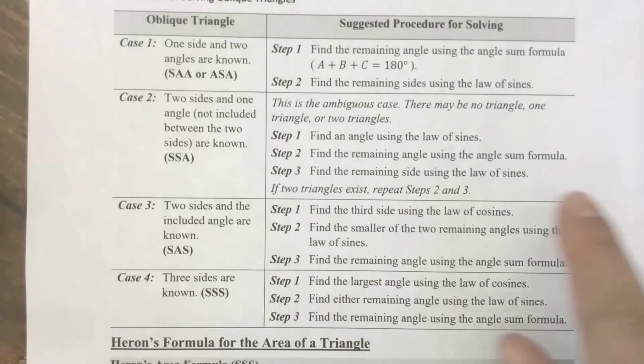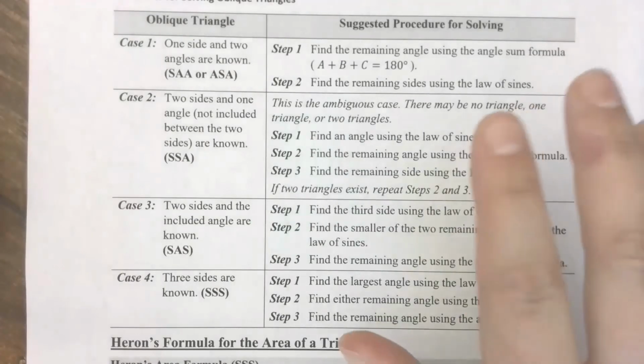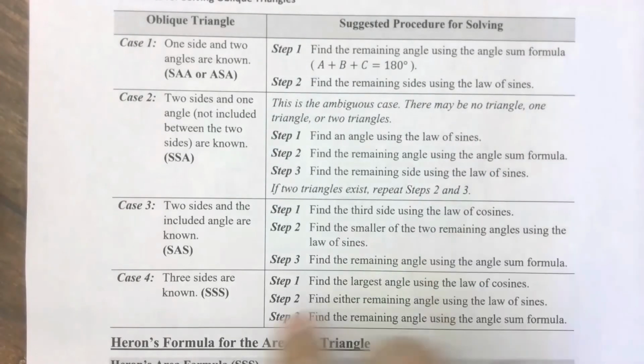So you want to find one of the missing angles using the law of sines, then find the remaining angle using the angle sum formula, and then find the remaining sides using the law of sines. Again, remember, 2 triangles may exist. This is where you will have to add the 180, the supplementary angles, to see if there is a second triangle.